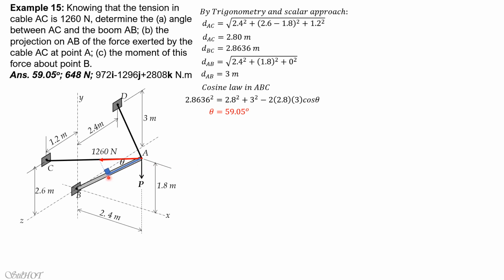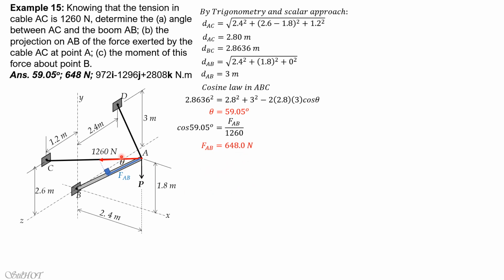Therefore this component, the projection of 1,260 newtons along AB, is 1,260 cosine of theta. We will call the projection of the force onto AB as FAB. So cosine theta is FAB over hypotenuse 1,260. So cosine of 59.05 degrees equals FAB over 1,260. So FAB is hypotenuse times cosine theta. 1,260 cosine of 59.05 is 648 newtons.